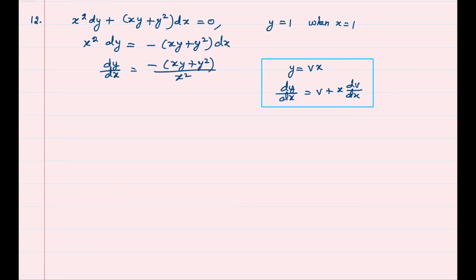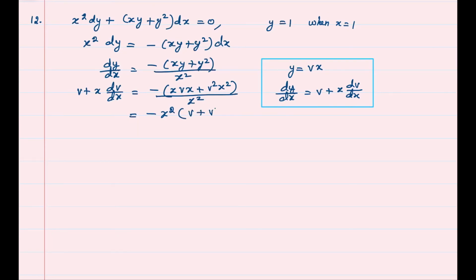dy by dx is v plus x dv by dx, equal to minus of (x times vx plus v square x square) divided by x square. So, the equation will be only in terms of v and x now. On the right hand side, x square is common.